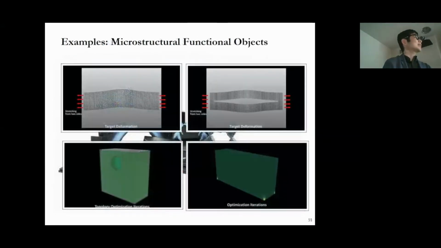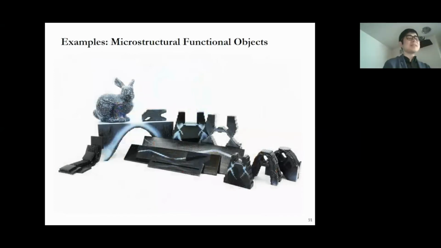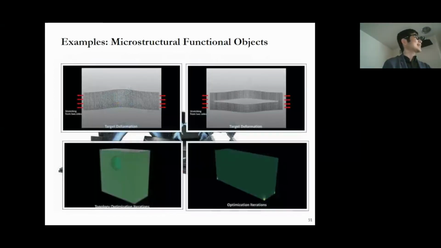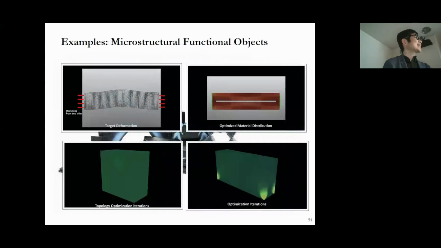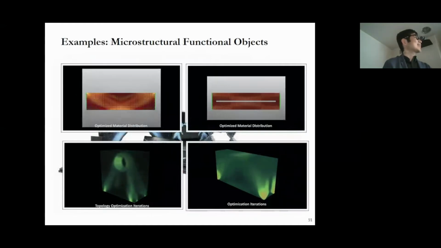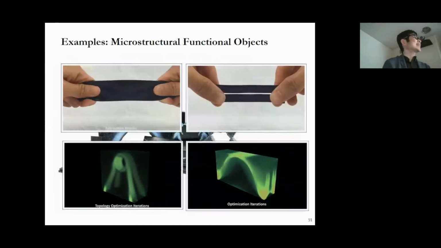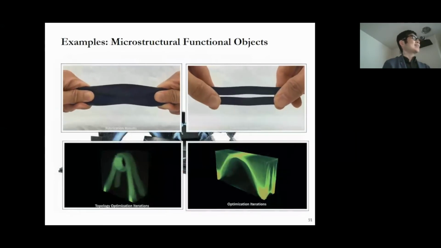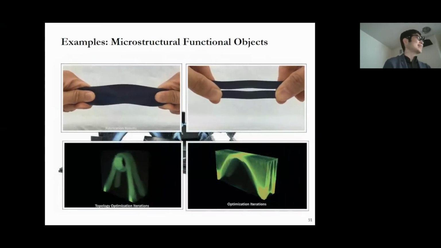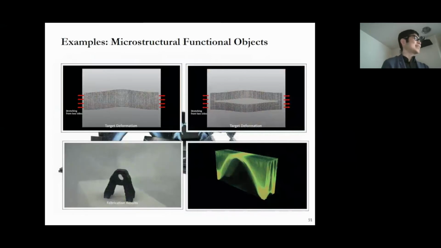And we also did some real fabrications. Here are some examples. We can design different types of material that can deliver different types of deformations by giving simple boundary conditions.